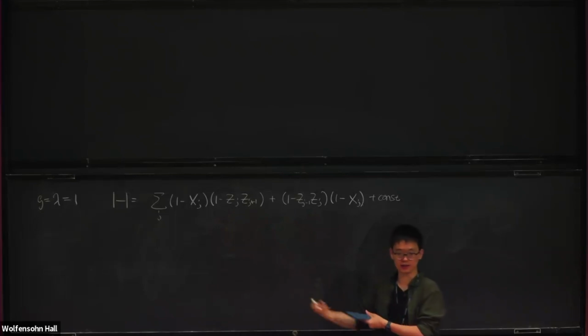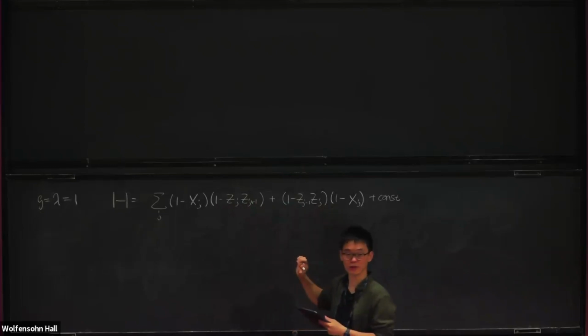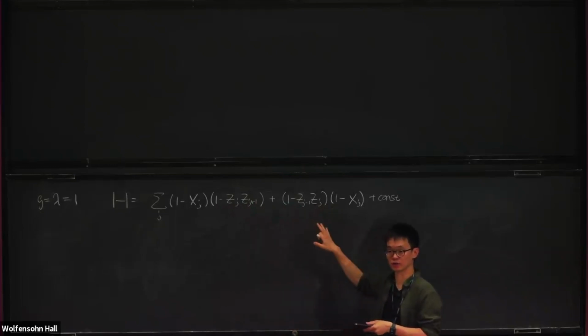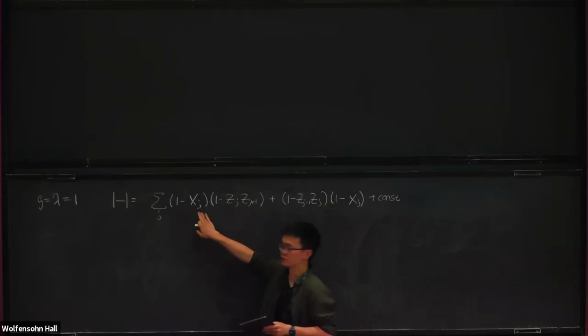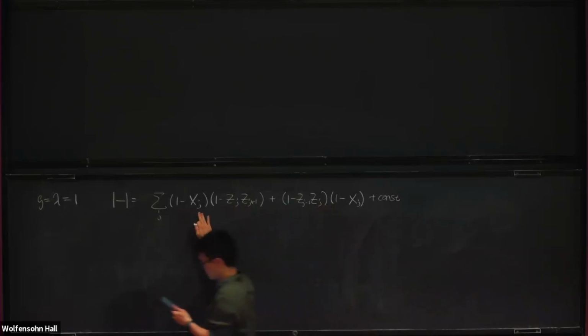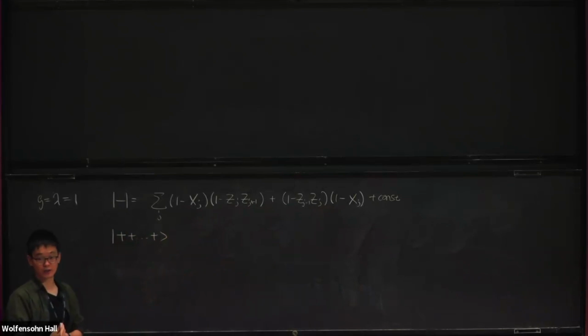And what are the ground states? If I write it this way, it's clear what are the ground states. I just have to set all the local terms to be 0. And what are the possible ways to set the local terms to be 0? Well, one way is that I set the 1 minus X to be 0. So obviously, the all-plus product state is an exact ground state of this Hamiltonian in finite volume.